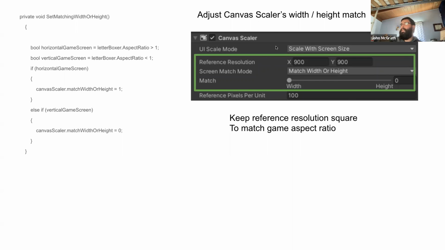As you can see here, I made this reference resolution deliberately a square for the canvas scaler, and then I have the screen match mode set to match width or height. And I put in code that changes the match mode width to height to match the aspect ratio correctly.